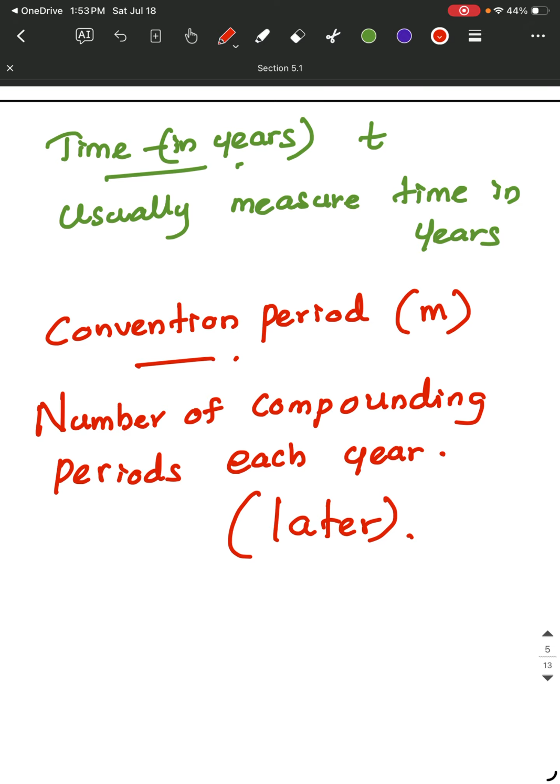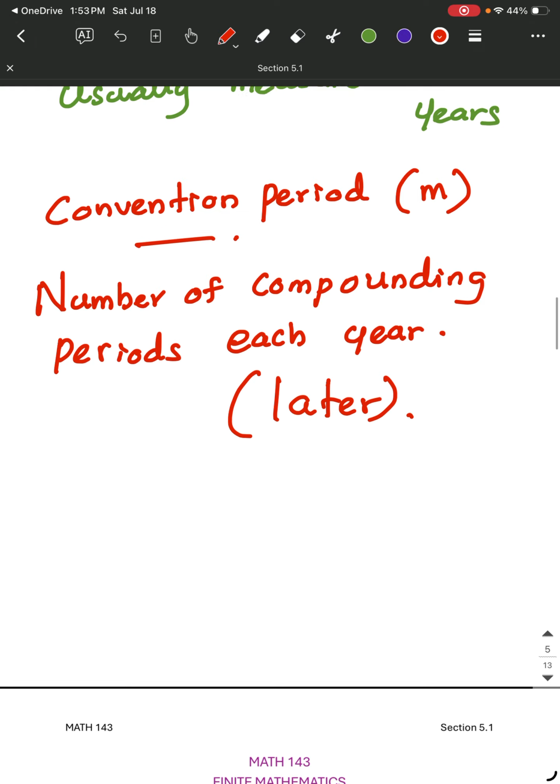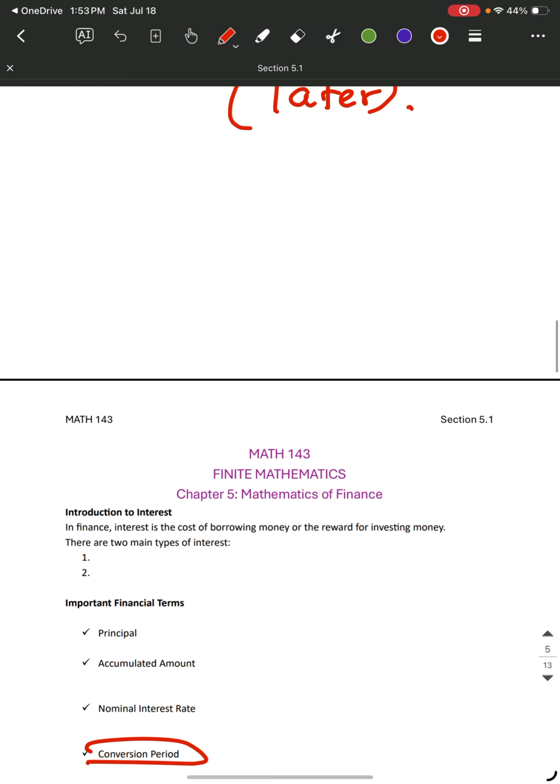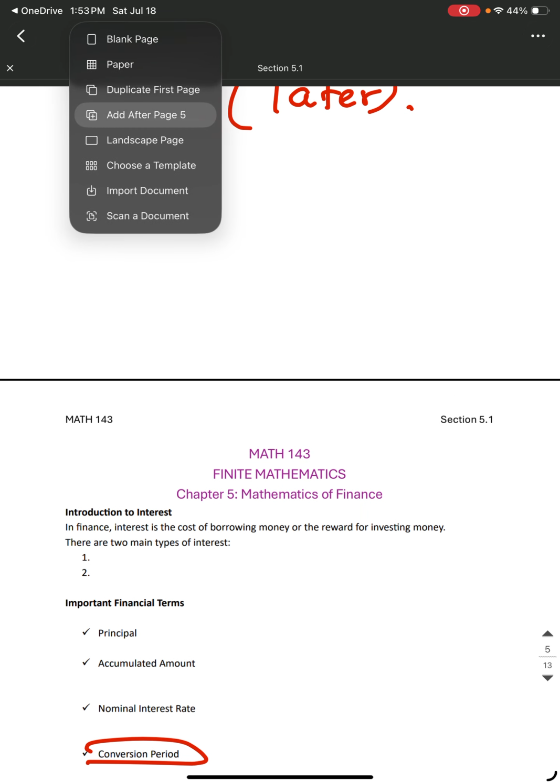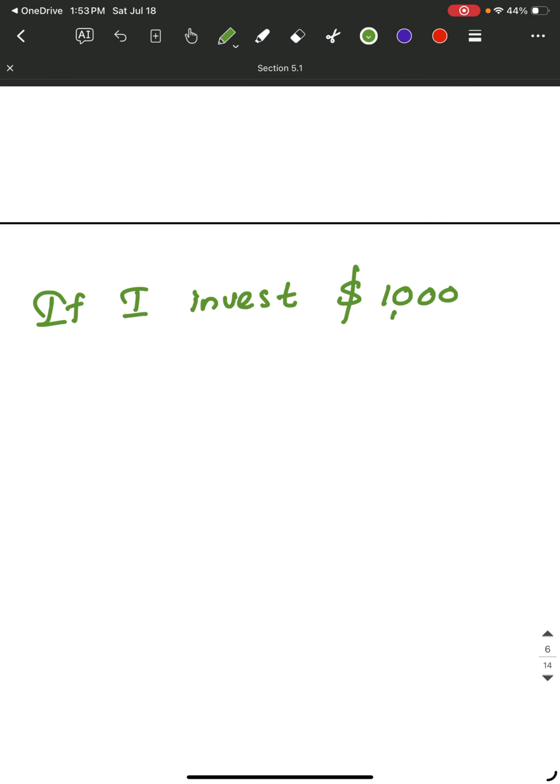Okay, if I invest $1,000, which quantity is the principal?